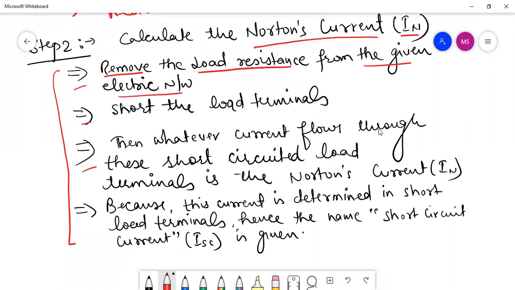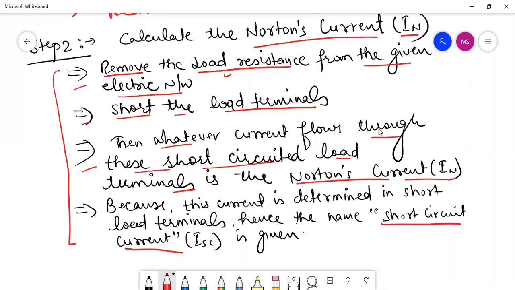After removing the load resistance, we short the load terminals. Then whatever current is flowing through these short load terminals is known as Norton's current, because it is determined by short circuiting the load terminals. So we call this current the short circuit current, represented by ISC.